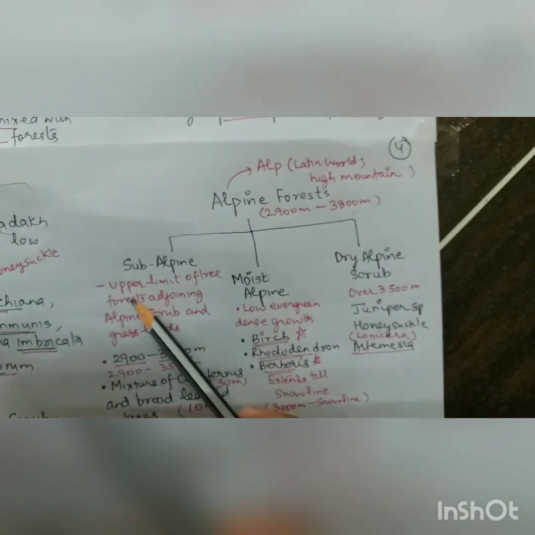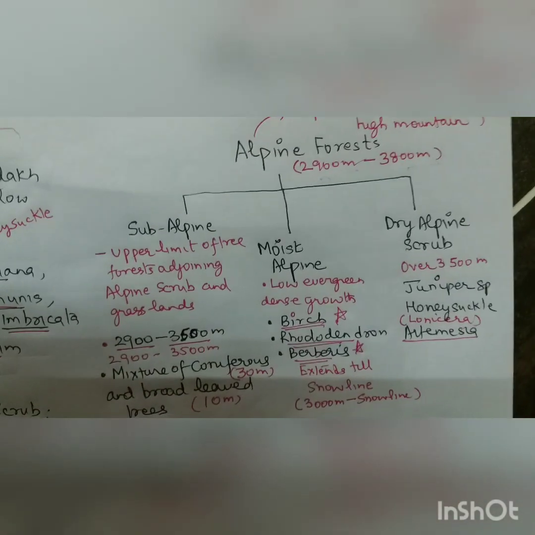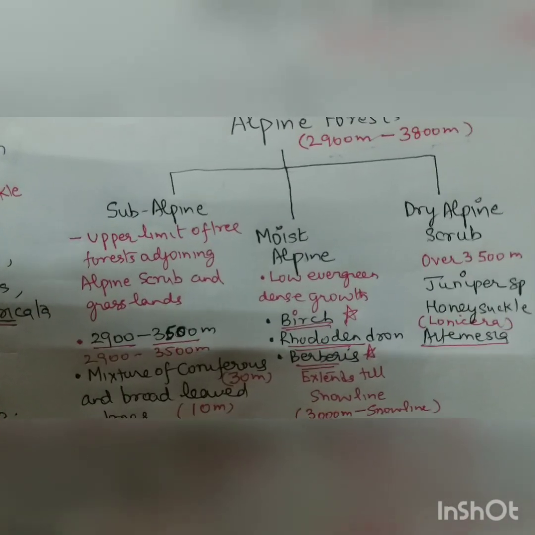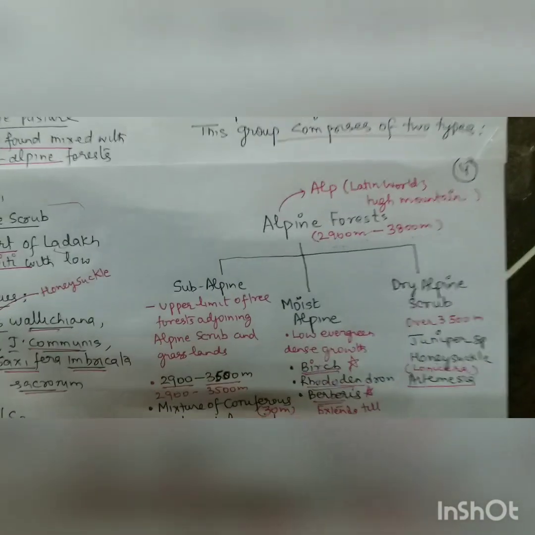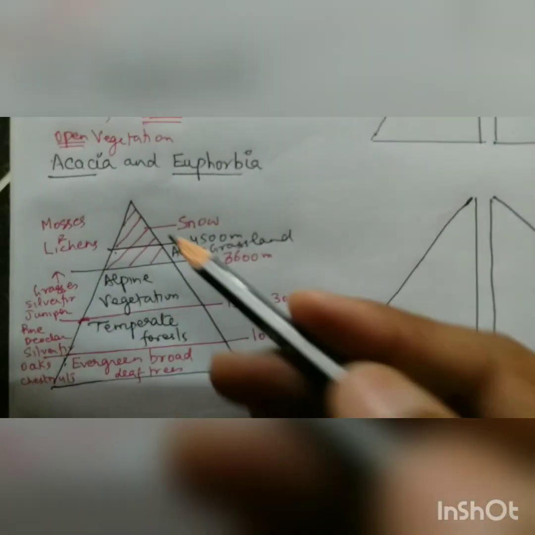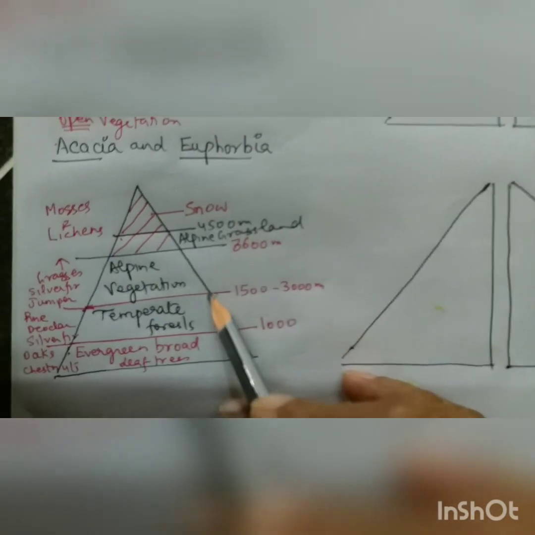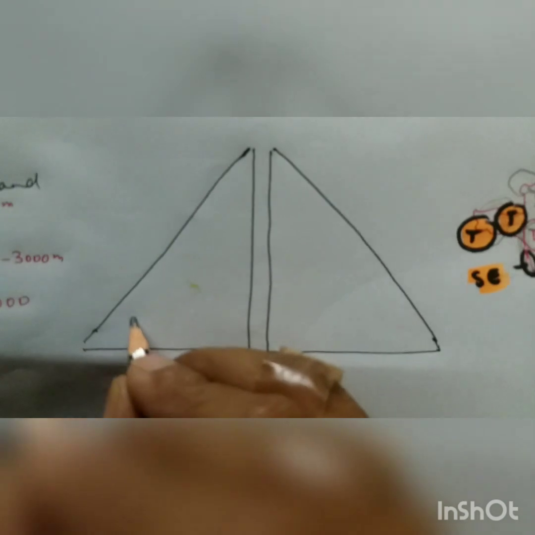First we will do the subalpine forest. Subalpine forests are the forests which are on the upper limit of trees, adjoining alpine scrub and grasslands. To know what the subalpine is, I have done this in the class. We have this pyramid, and at the base we have tropical and subtropical, then temperate, then alpine.